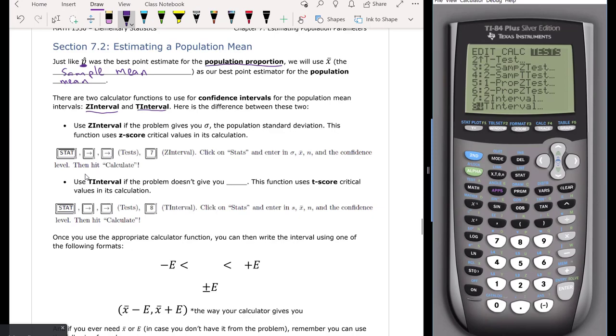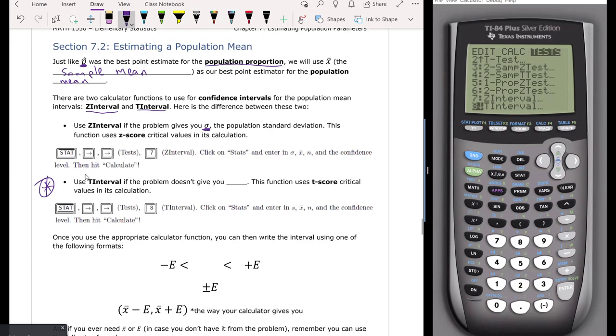Now, how do you know when to use which one? That's probably one of the biggest obstacles. For the most part, you will be using T-interval in most real life situations and most of the problems on the homework. But if you see sigma, the symbol for the population standard deviation, that's when you're going to use Z-interval, if they give you that value.